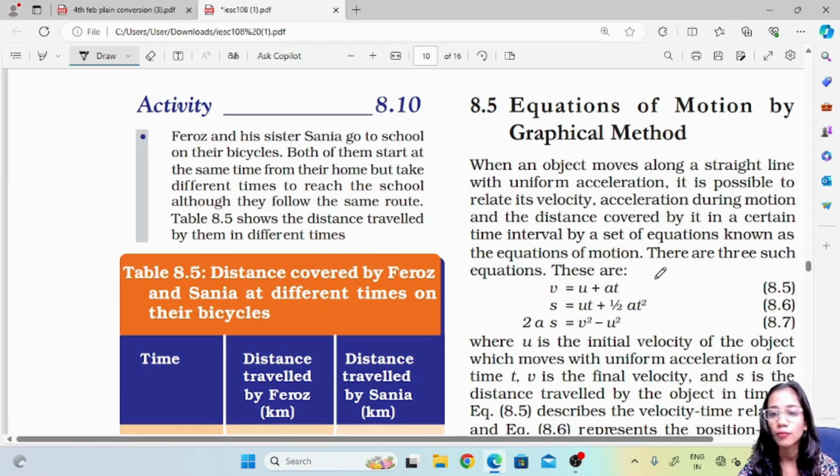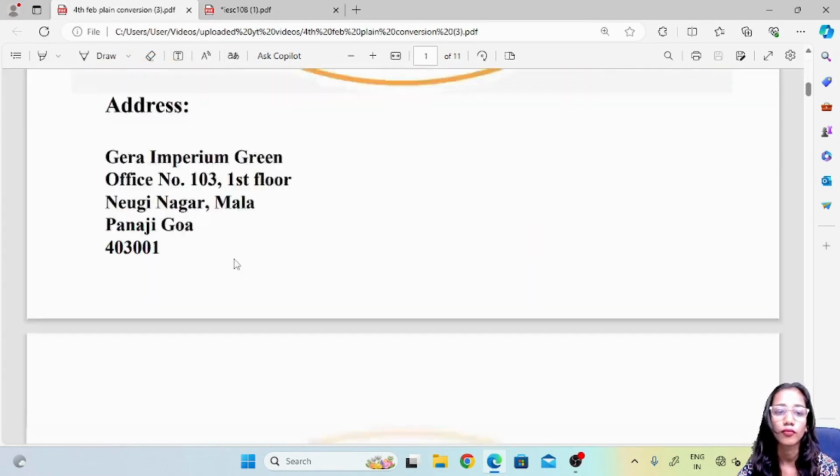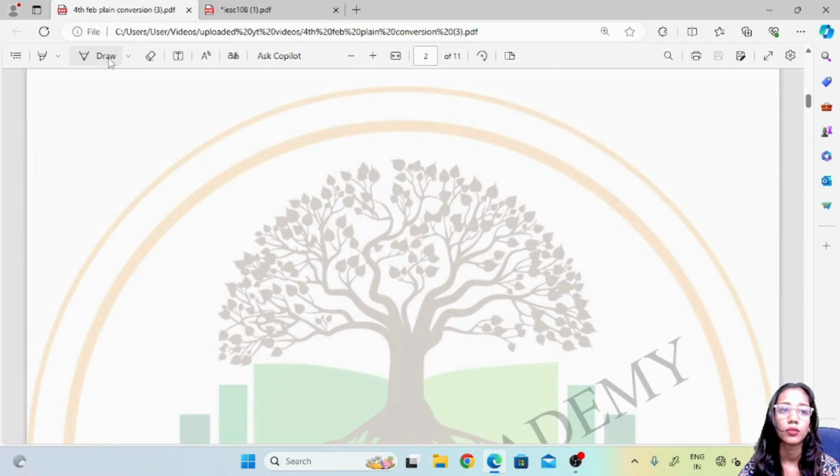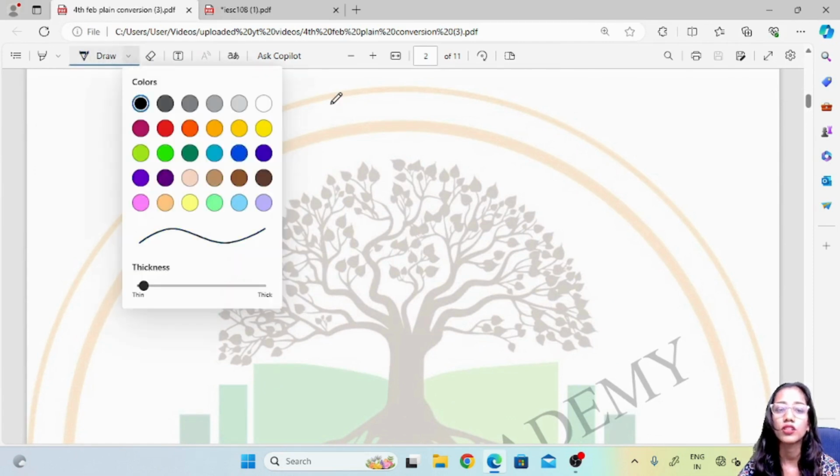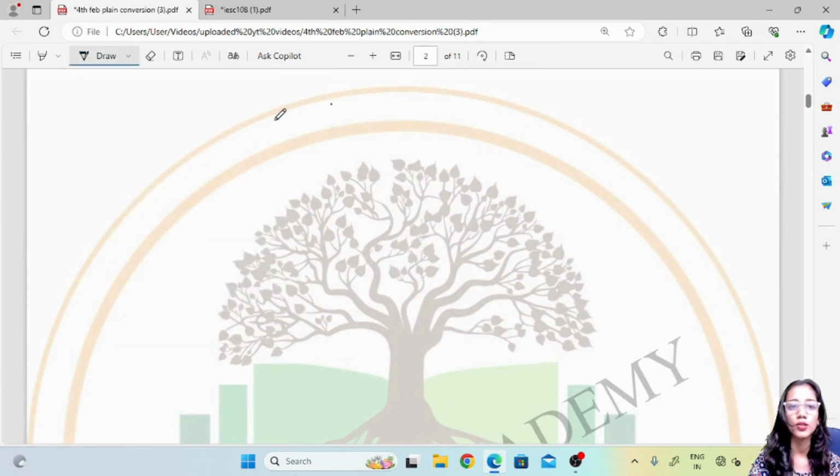Okay, so talking about the equations of motions which are found by the graphical methods, there are three such equations. First of all we need to know that the equations of motion will consider four quantities. First of all, u, that is initial velocity.